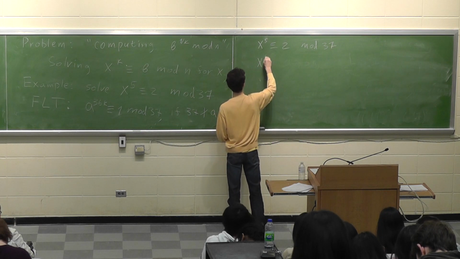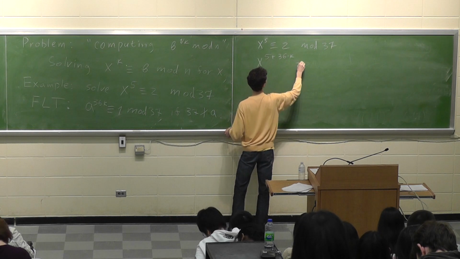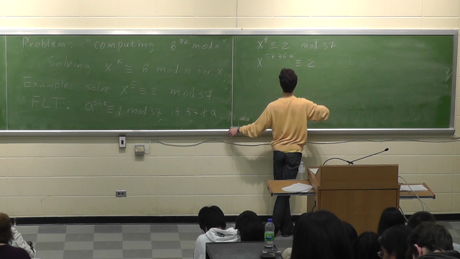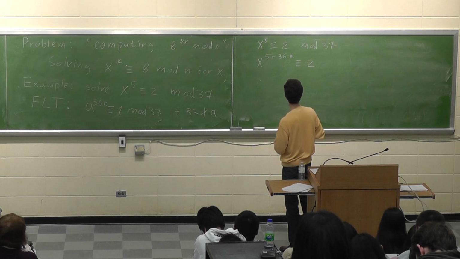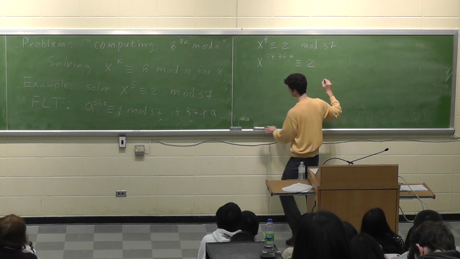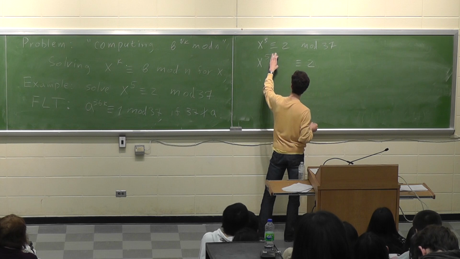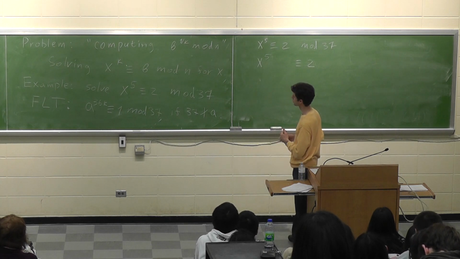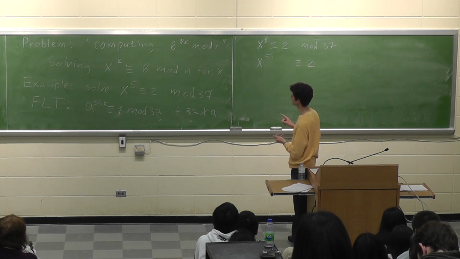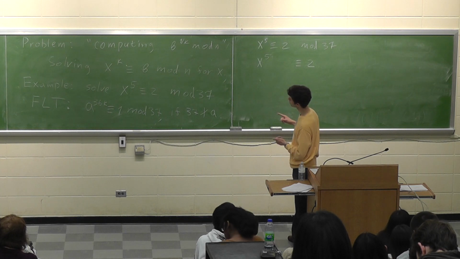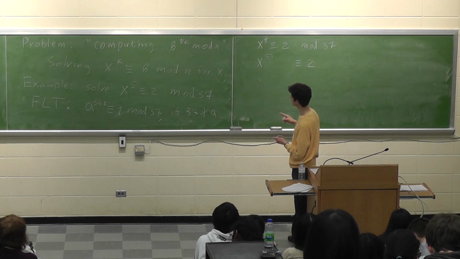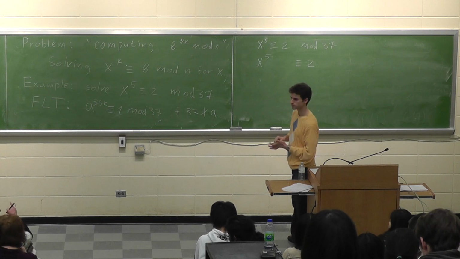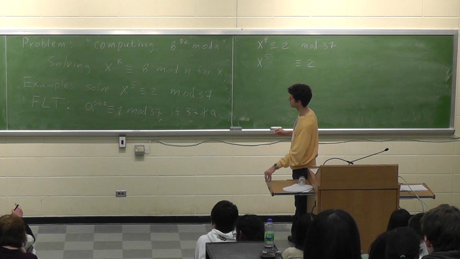Well, it implies that x to the power 5 plus any multiple of 36 is congruent to 2. You can write 36k as 1 plus 36.